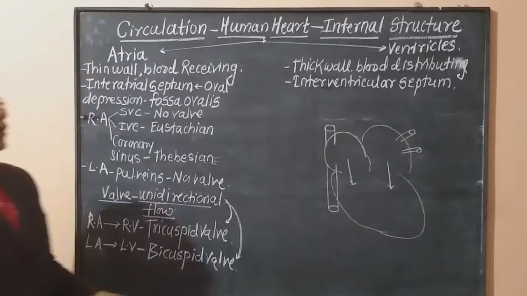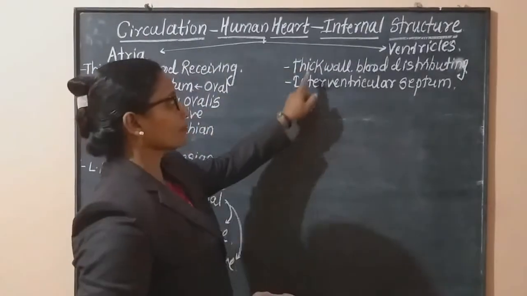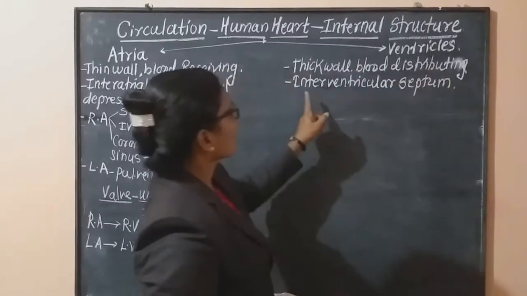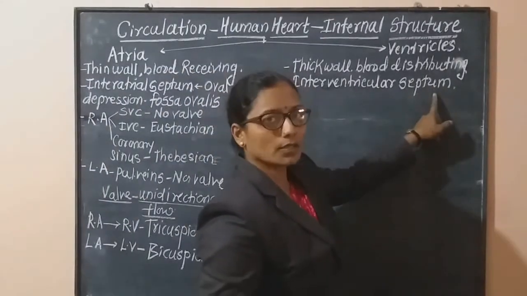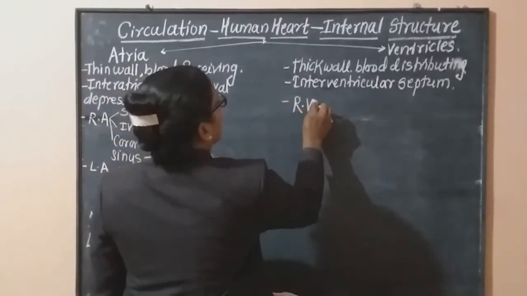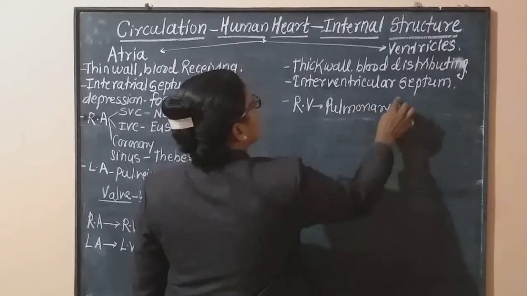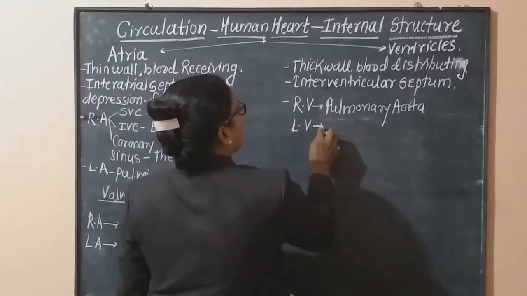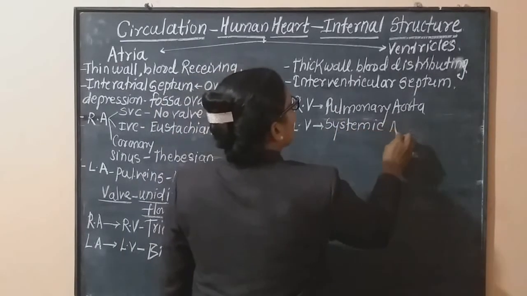Now the ventricles are the thick walled blood chambers, and they are blood distributing. Both ventricles are separated by the interventricular septum. From the right ventricle, a blood vessel arises called the pulmonary aorta, and from the left ventricle the blood vessel that arises is called the systemic aorta.